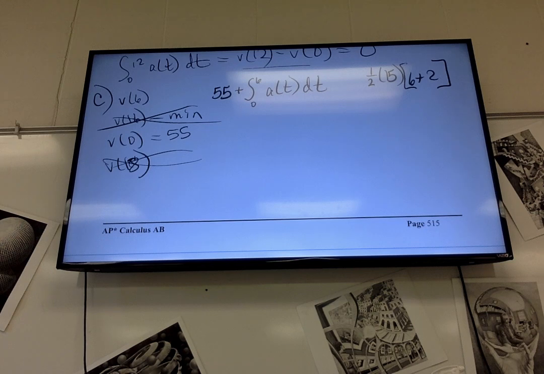Does everybody see that? 8 times 15 is 120 divided by 2, which is 60. So 55 plus 60 is 115. But it's not miles per hour, it's feet per second.